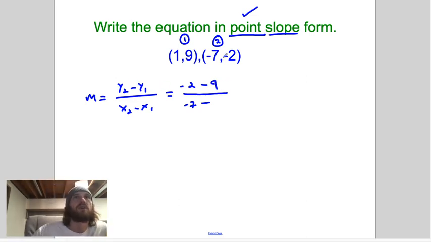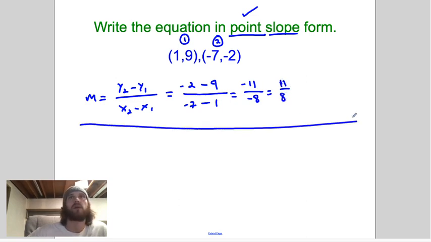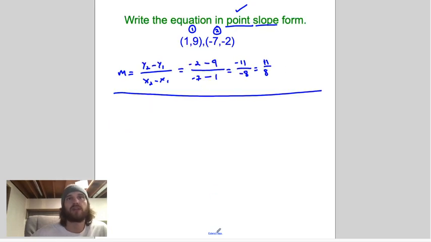So that is y2, which is -2, minus 9, and then -7 minus 1. Perfect. So you end up with -11 over -8, which is 11/8. A negative divided by a negative gives us our positive. That's a nasty slope, but we got the slope. Okay, our slope is 11/8.